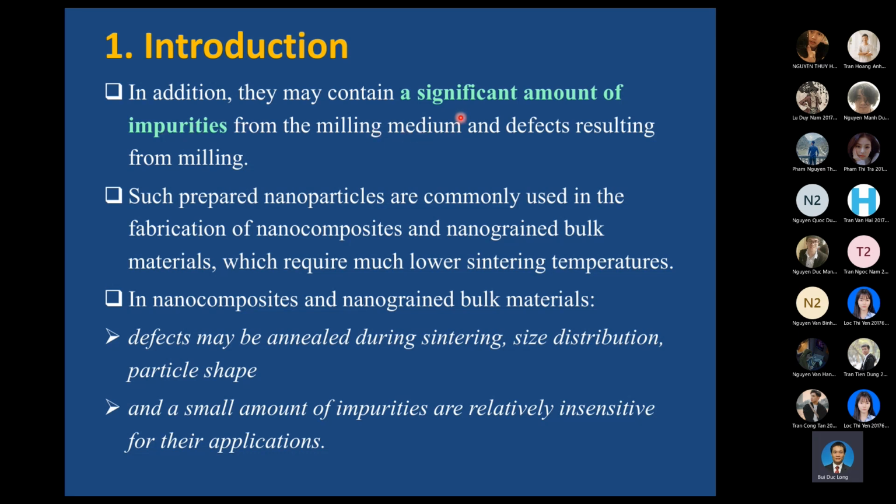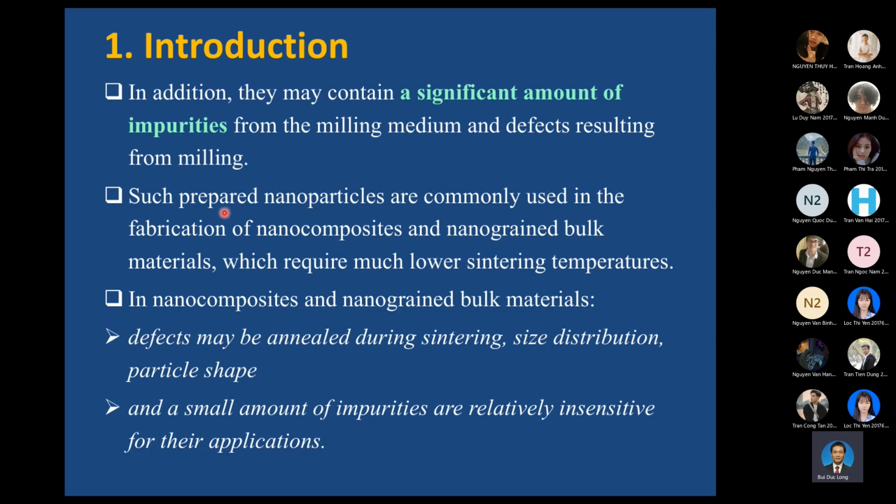We can choose a medium with high hardness or high resistance, so by using zirconia oxide instead of a stainless steel ball or stainless steel container, we can reduce impurity from the container or ball to our powder, our material.